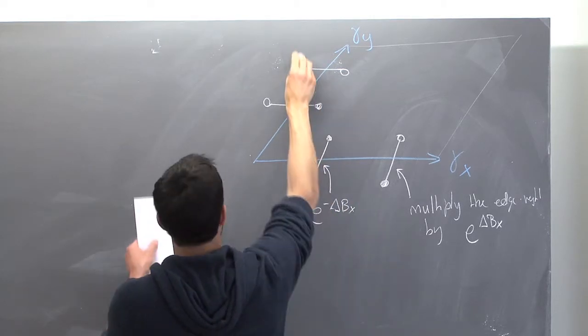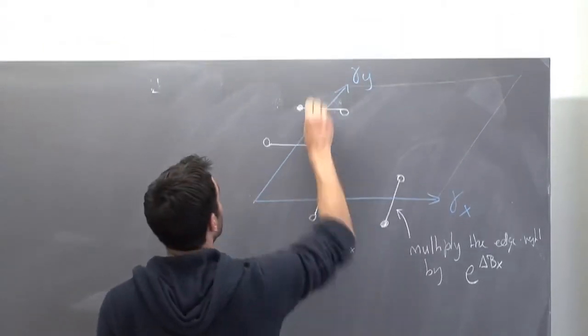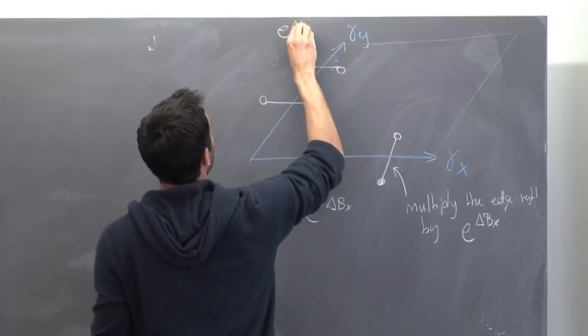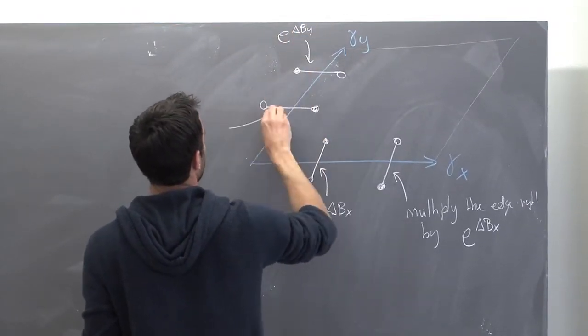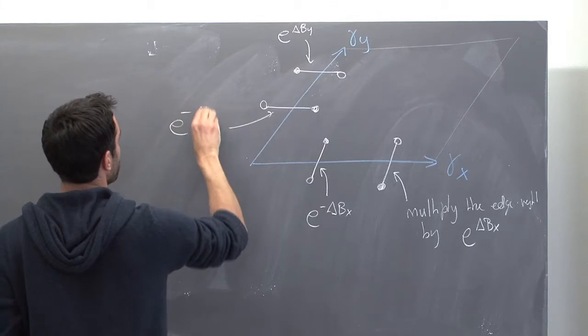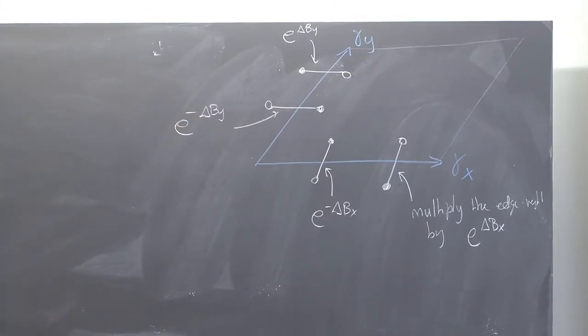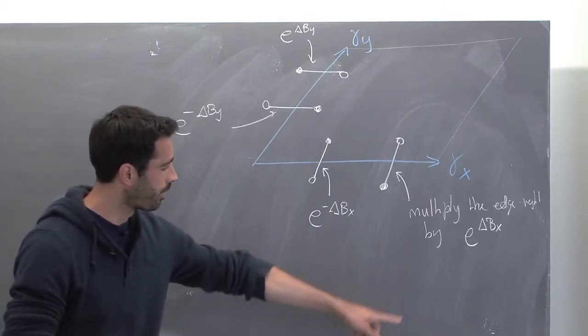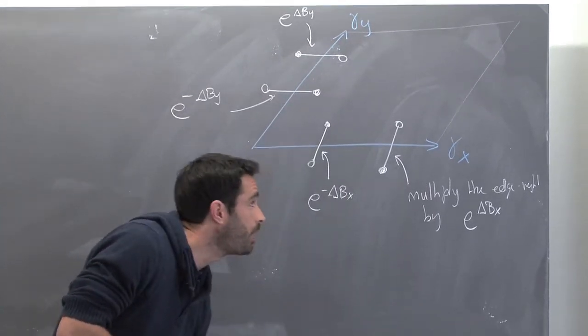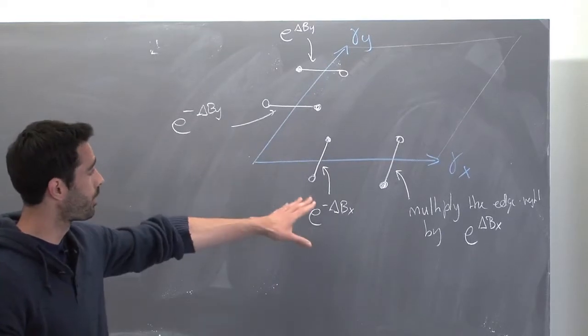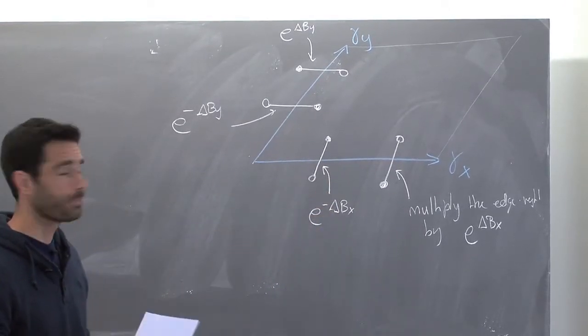This one you multiply by e to the delta By, and this one by e to the minus delta By. Okay, you just check. Unfortunately, I just erased the drawing that enabled us to check it, but you can check that it works this way.